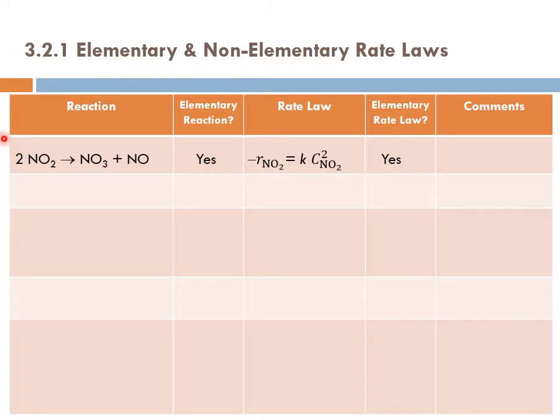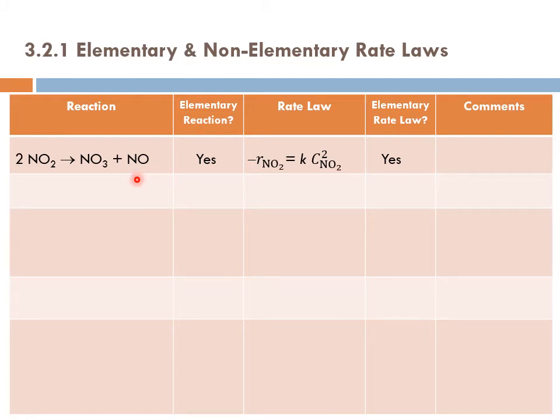The first example is this reaction, where we have two molecules of NO2 colliding together to produce NO3 and NO. From chemistry, we know that this reaction is elementary, and when we say elementary means ibtidai, means this reaction happens as is. So when two molecules of NO2 collide together, they form right away, directly, NO3 and NO molecules. So we know that this reaction is elementary.